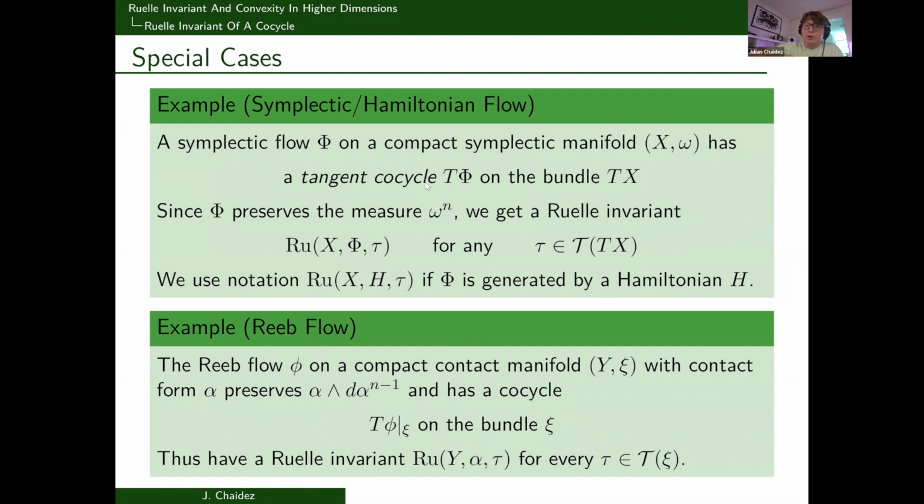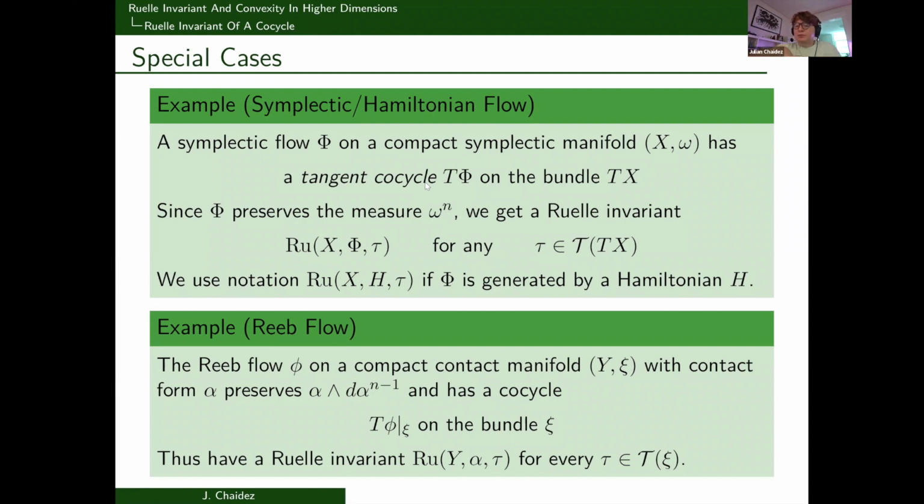Okay, and so that flow preserves the standard symplectic measure, the nth power of the symplectic form. So you get a Ruelle invariant associated to X, to the flow phi, and to some choice tau in this set of trivializations.